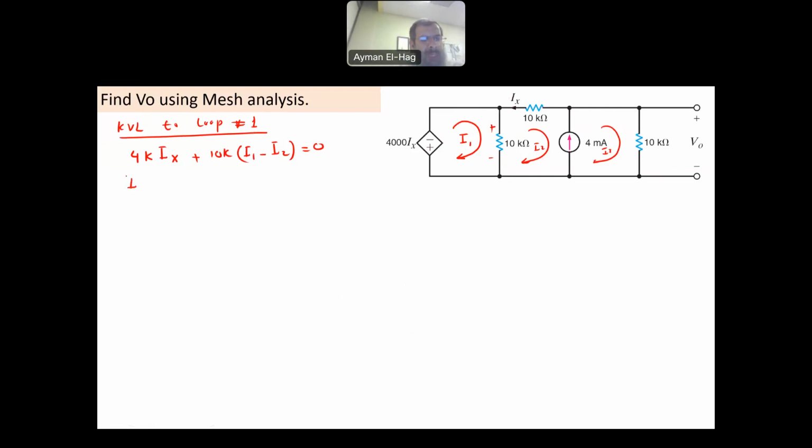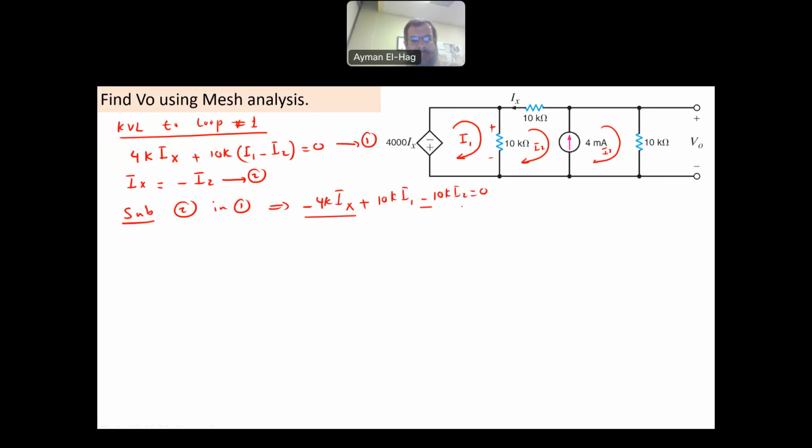So Ix is equal to minus I2. If this is my equation number one, this is equation number two. I will substitute 2 in 1, so we will have minus 4K Ix plus 10K I1 minus 10K I2 equal to 0.